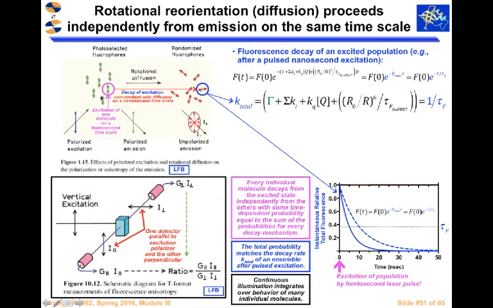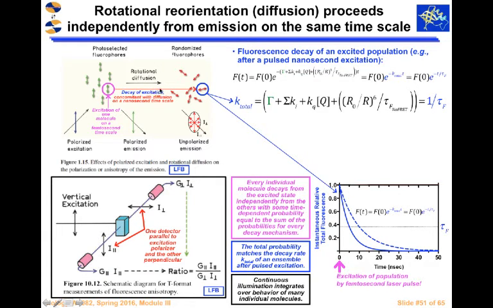So again, we can look for the moment at a femtosecond excitation experiment. Over some sub-nanosecond time scale, we put in a pulse of light that excites some fraction of the population. Each of those individual molecules then decays according to the kinetic competition between the fluorescence emission process and the non-radiative decay processes.